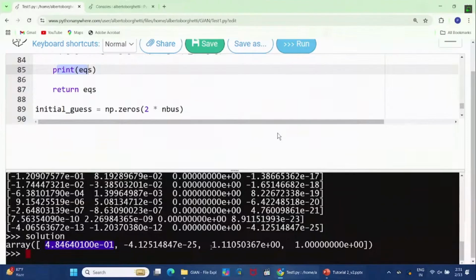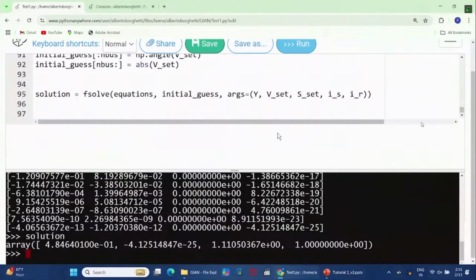And you see that there is the voltage in bus 1. The voltage in bus 2 is always 1, no? So in agreement, this is also 0. For me, 10 raised to minus 25 is 0. It's good. So we just need to collect these results from the solution.